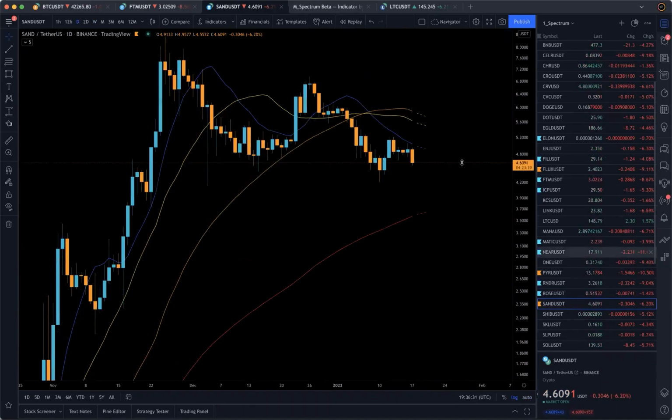Sand is being rejected by the blue badly. It's not letting it go, right? So the opportunity is here. Clearly the opportunity is here, and the downside is pretty deep. So I would be very careful with Sand. Yellow also crossed the orange here in this case.